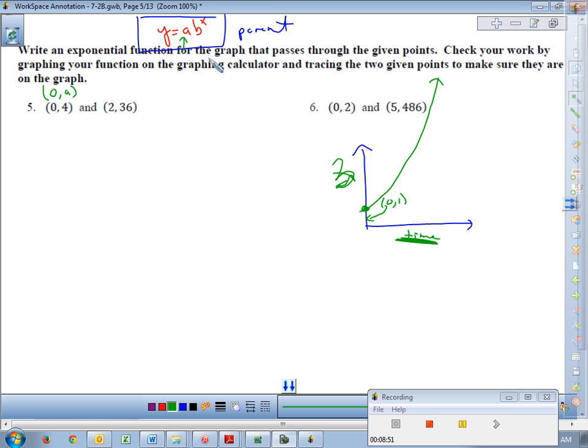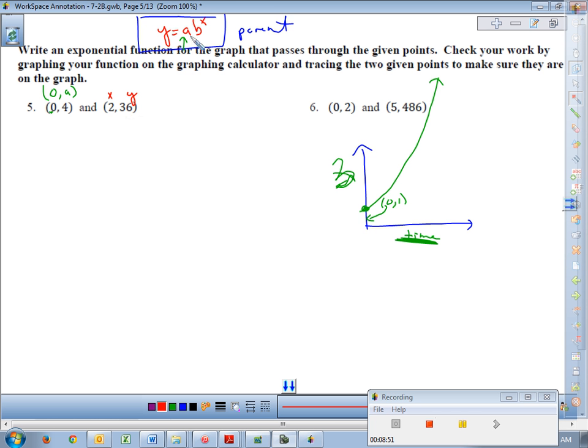That's your initial starting value. Initially, when x was 0, y turned out to be 4. Sound cool with that? This other point is just an x and a y point, x, y. The first point is your y-intercept, 0, a. The second point is an x, comma y value.